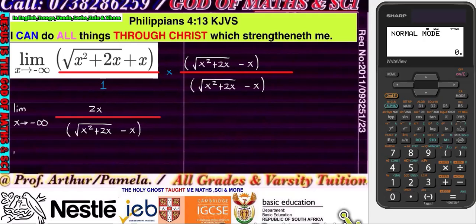So I'm going to have the limit as x approaches negative infinity. All right, at the top, we've got 2x, and then all over, I'm pulling out the x squared, but the sign, when I do the absolute value, is going to be negative.